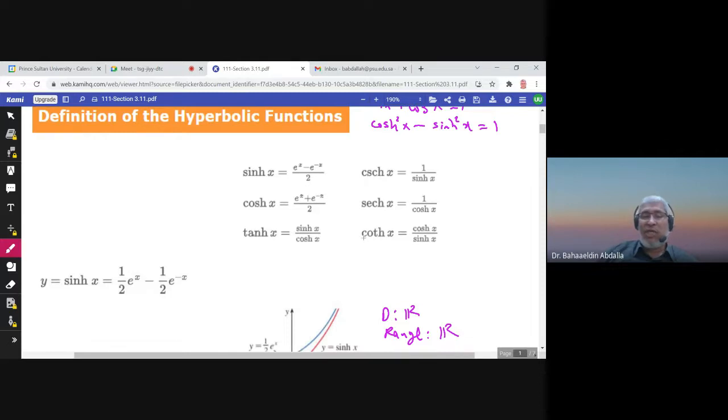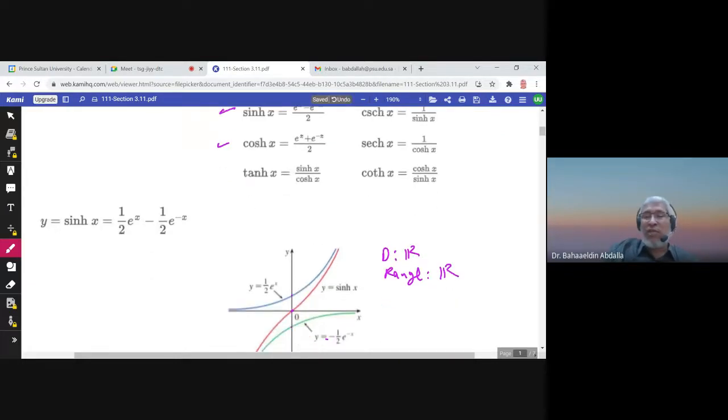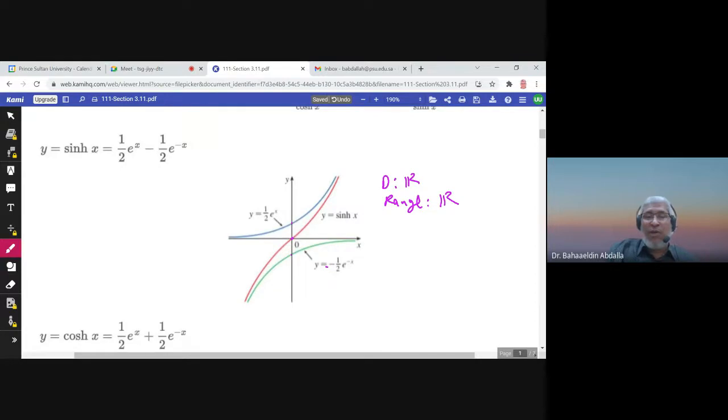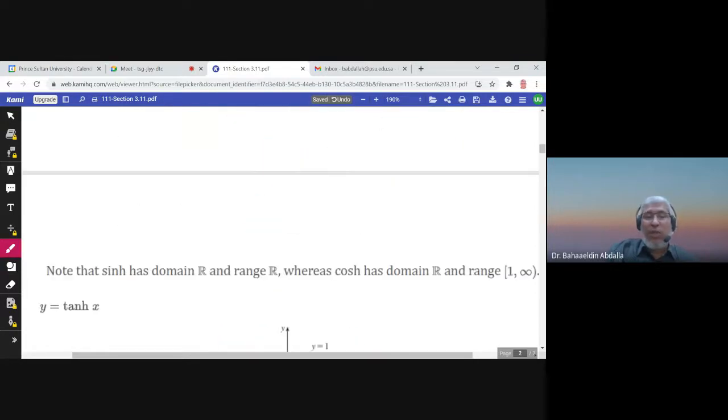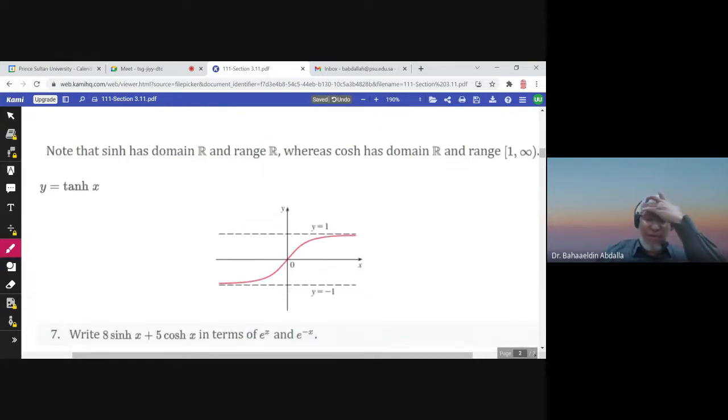So these are easy for you to remember, I believe, but for these two definitions, you need to pay attention to them to remember always the definition of the hyperbolic functions. For the graph of the hyperbolic tan, this would be the graph of the hyperbolic tan.